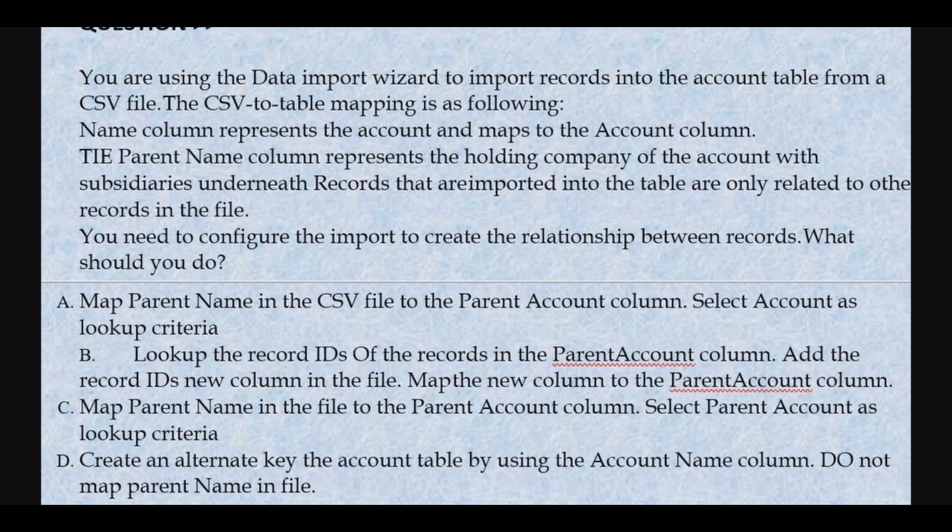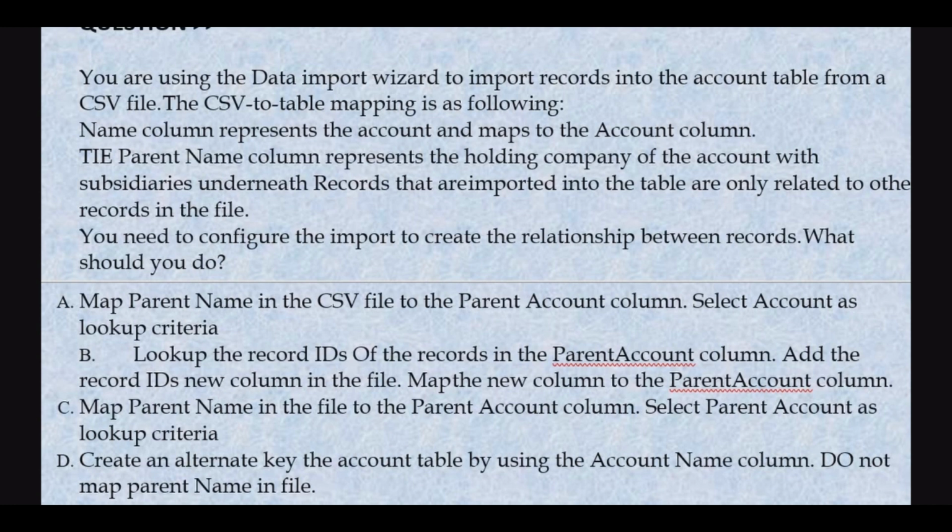Option A, map parent name in the CSV file to the parent account column. Select account as the lookup criteria. Option B, look up the record IDs of the records in the parent account column and add the record IDs in a new column in the file. Map the new column as the parent account column.